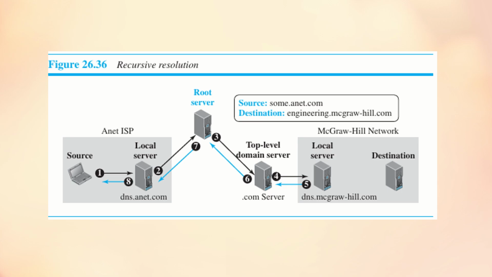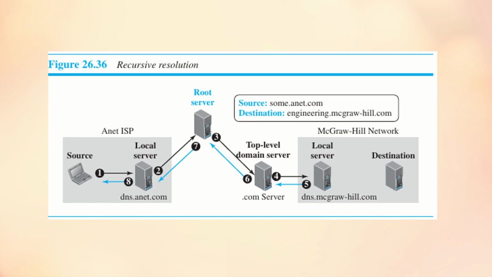The resolver, which does not know this address, sends the query to the local DNS server. That is in this case, it is dns.anet.com running at the ANET ISP site. Now, we assume that this server does not know the IP address of the destination host either. It sends the query to a root DNS server whose IP address is supposed to be known to this local DNS server.